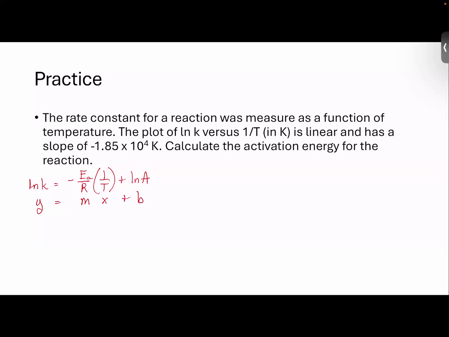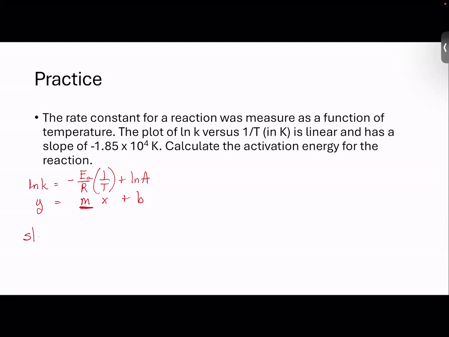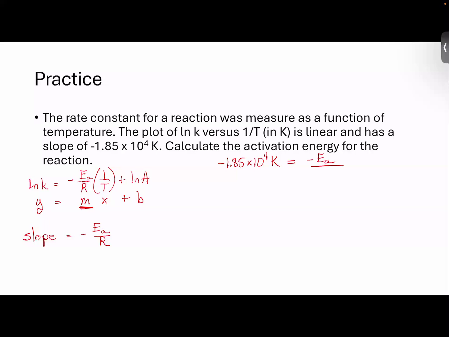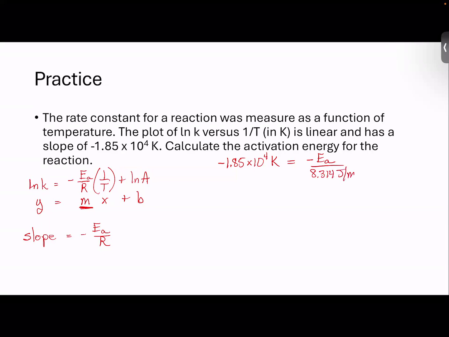So if we say our slope, m, that means that the slope is equal to negative E sub A over R. We're told that the slope was negative 1.85 times 10 to the 4th Kelvin. So that's equal to negative E sub A over 8.314 joules per mole Kelvin.